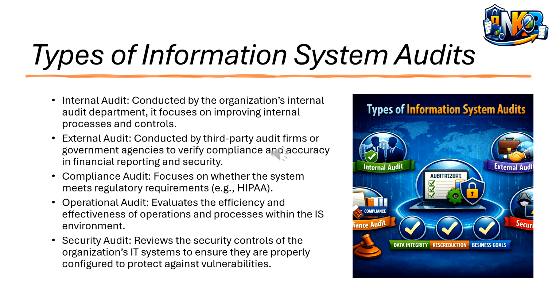In order to improve these internal processes and controls, they conduct the internal audit, and it's a regular process by an organization. External audit, mostly it's an annual audit or maybe a 6 monthly audit, conducted by a third party. Third party means audit firms or government agencies, to verify the compliance and accuracy of the financial reporting and security of the IS system.